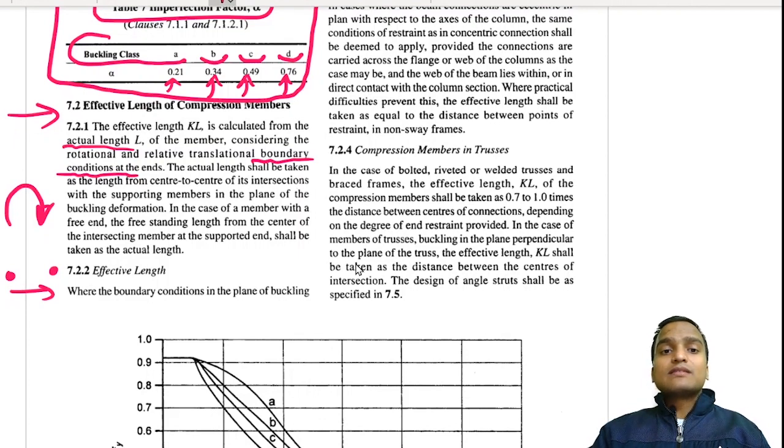So actual length shall be taken as the length from center to center of its intersection with the supporting members in the plane of buckling deformation. So basically the distance between two supports of the compressive member.